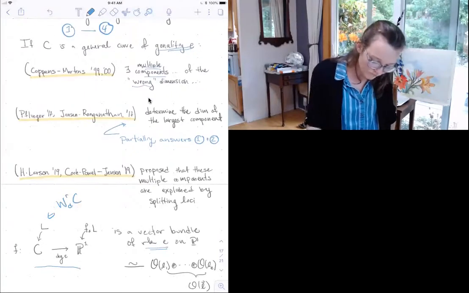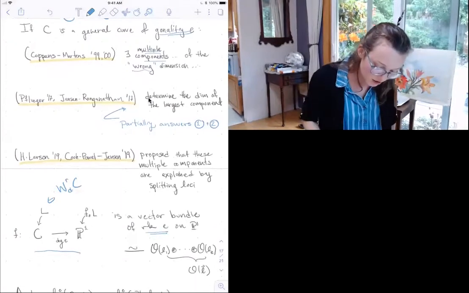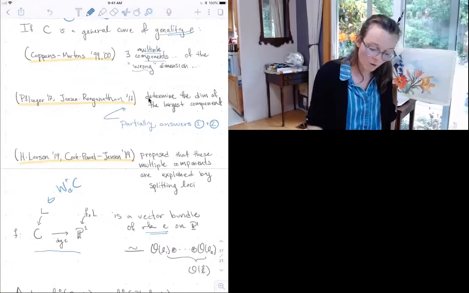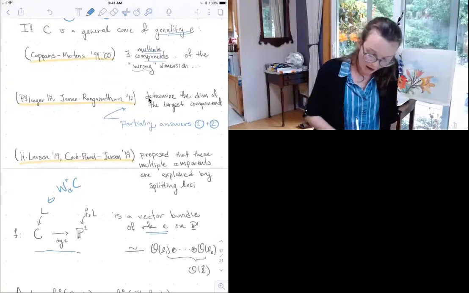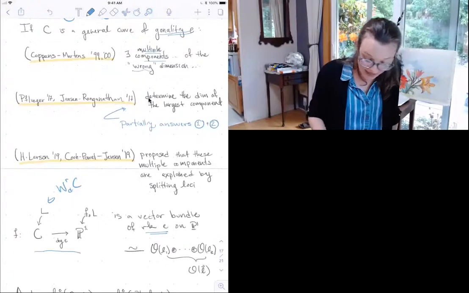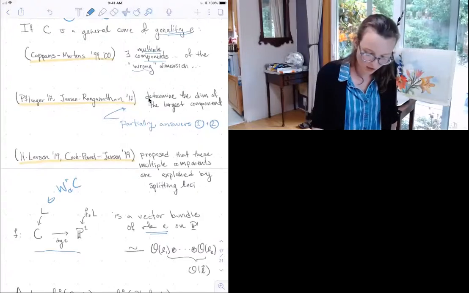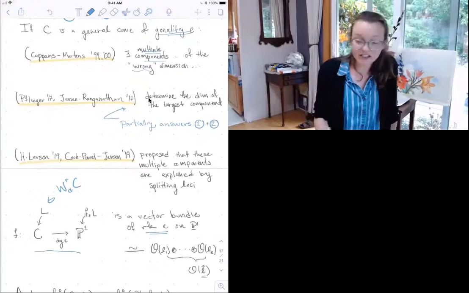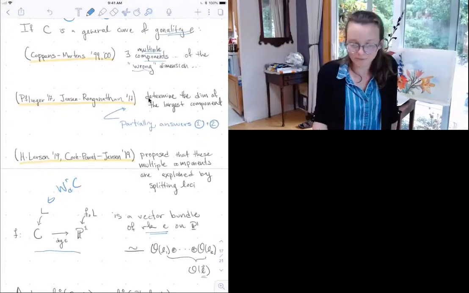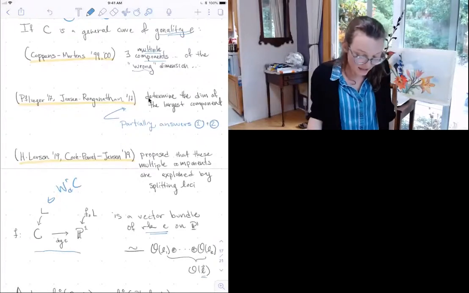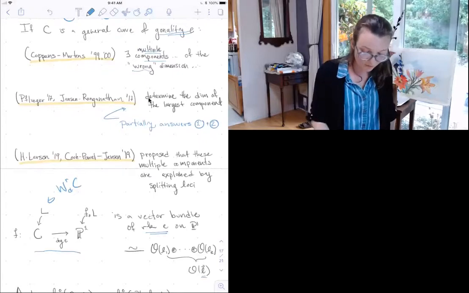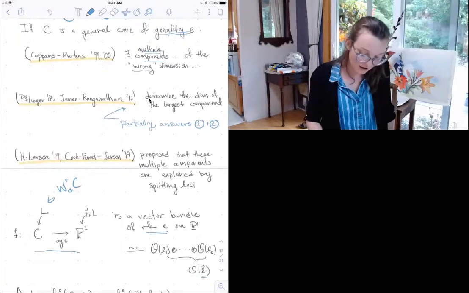And so by the Birkhoff-Grothendieck theorem, it splits as a direct sum of line bundles, which I'll write as O(L1) through O(LE). And this tuple of integers, L1 through LE, which I'll denote vec L, this is a discrete invariant of the line bundle. So why is this a discrete invariant that refines the R and D that we already had?